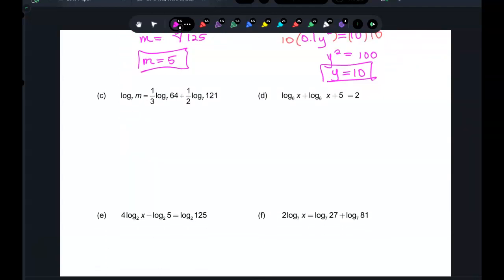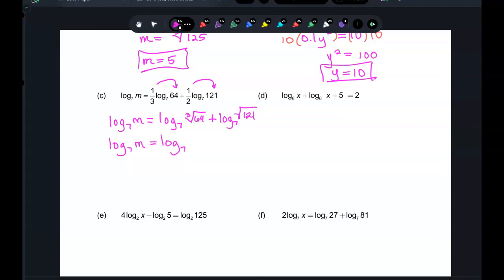Okay, with part C, we're going to move these. On the left side, I have log base 7 of m. On the right side, I'm going to have log base 7. So if you want, we could change that to a cube root right away. And with log base 7 of 121 to the 1/2, I'm just going to write that as square root. Okay, plus sign is going to turn into multiplication.